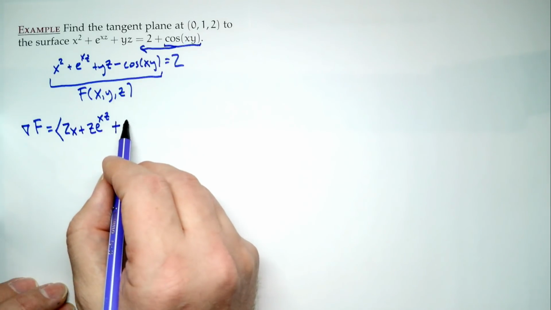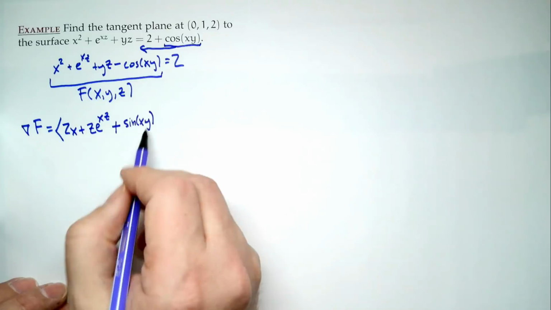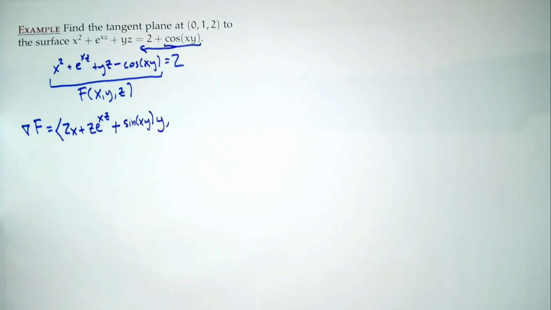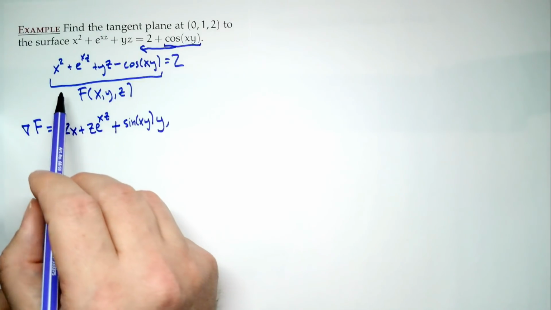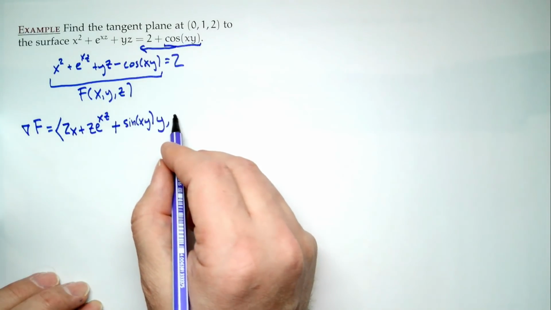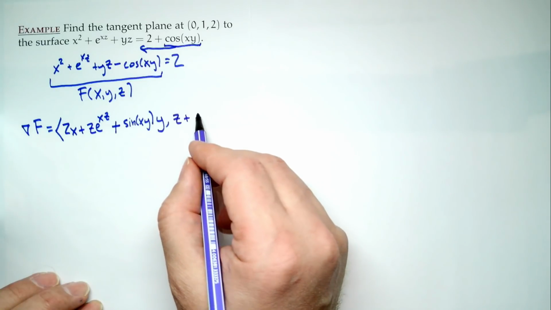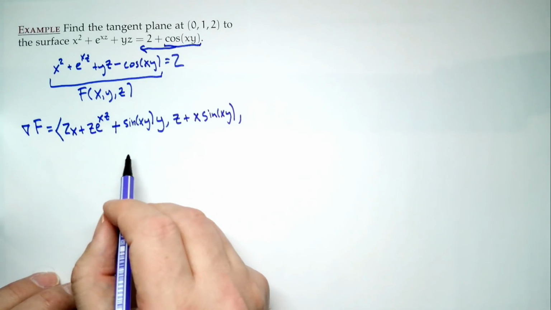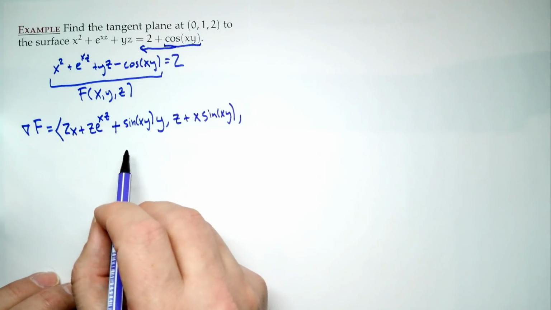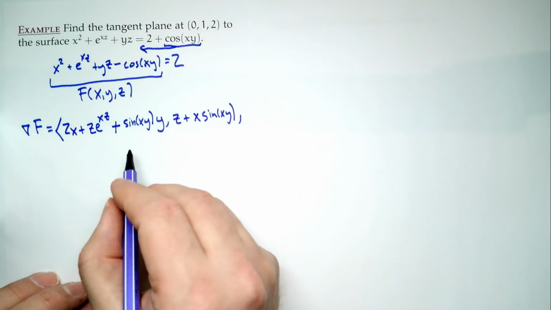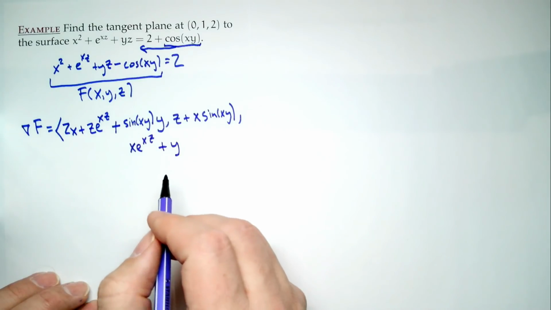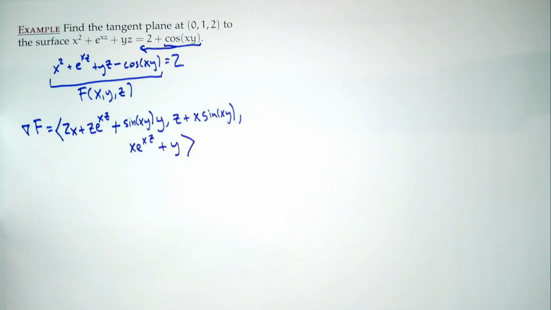Minus minus makes plus. Sine xy, anything else? Times y. Okay, comma. Now what? Z. Anything else? Z plus x sine of xy, comma, and I need to wrap around. Now taking it with respect to z, x e to the xz plus y. Anything else? Nope, good. There's the gradient.